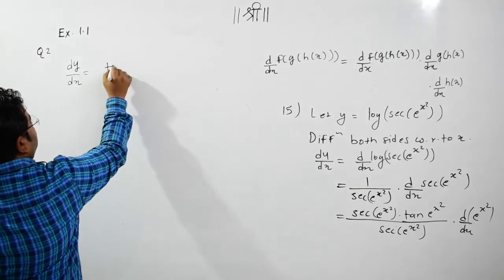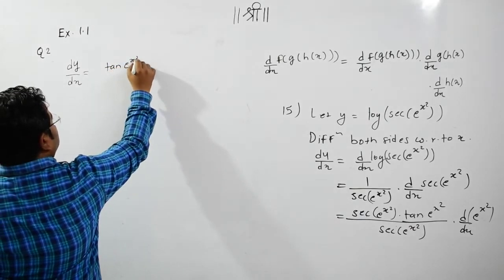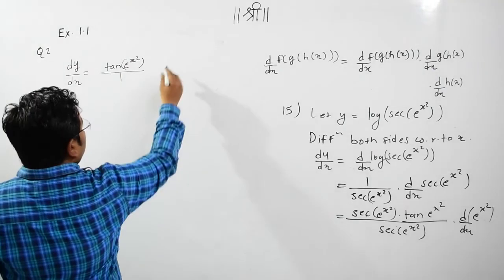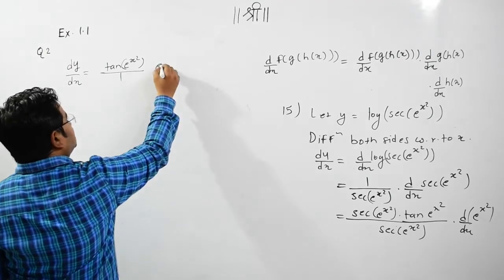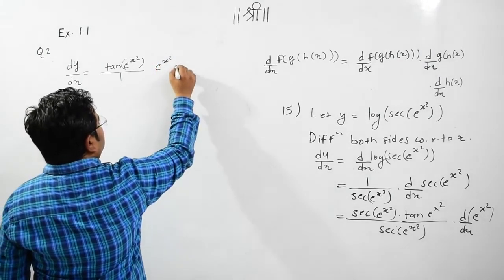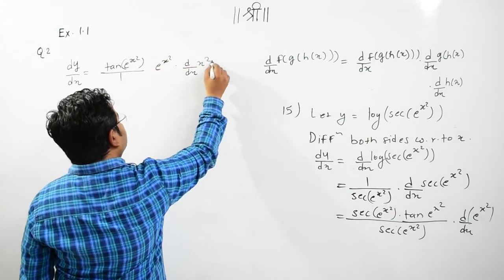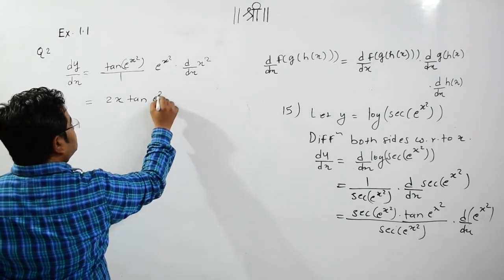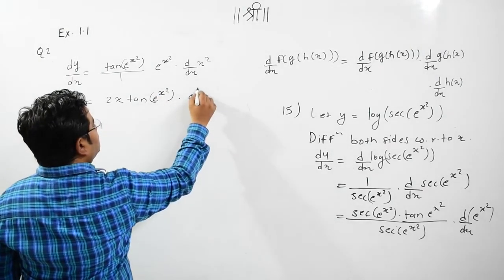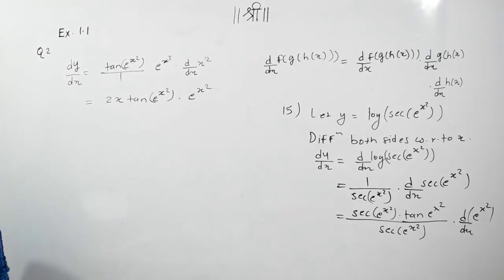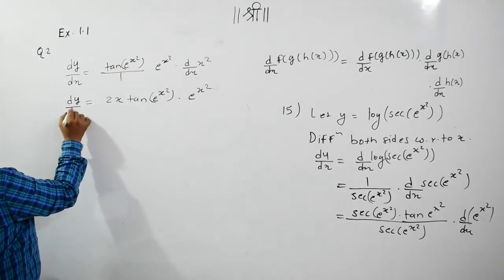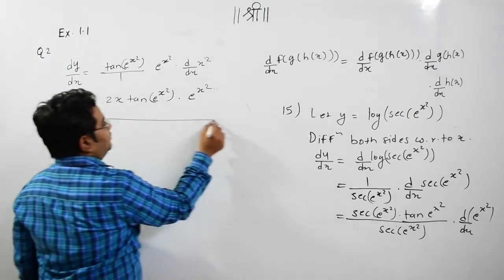It remains tan(e^(x²)) divided by 1 into the derivative of e^(f(x)), which is e^(x²) dot d/dx of x². So it is equal to 2x tan(e^(x²)) e^(x²). That's our final answer, and it is correct. So within these steps we get dy/dx of question number 15.